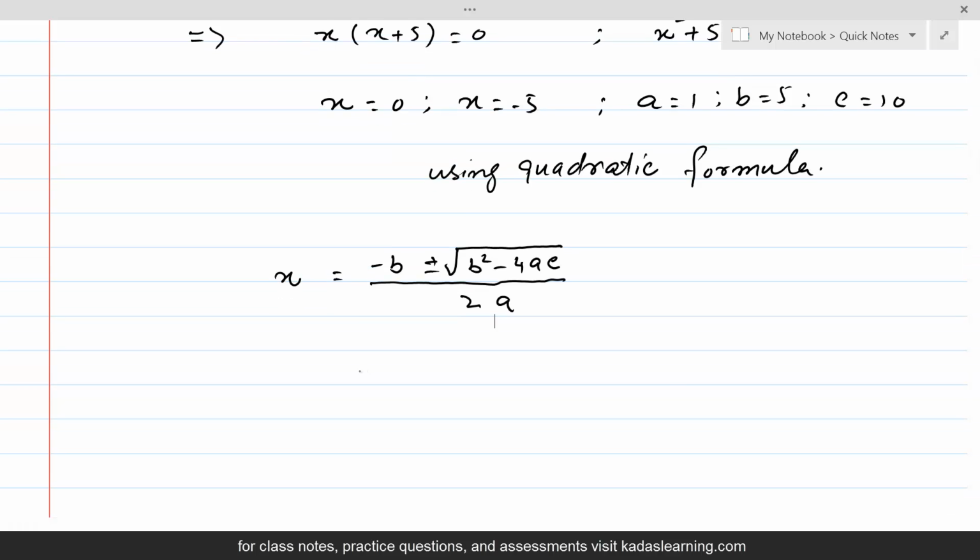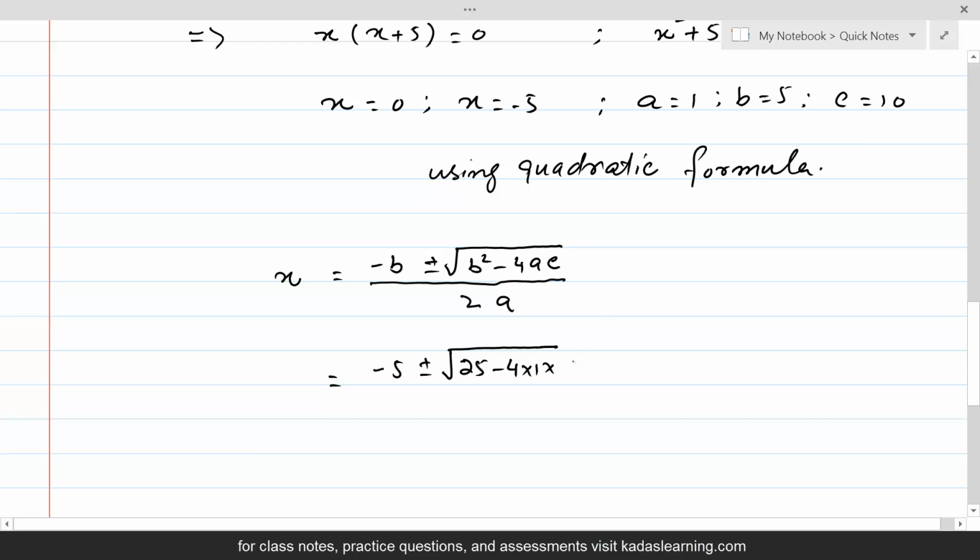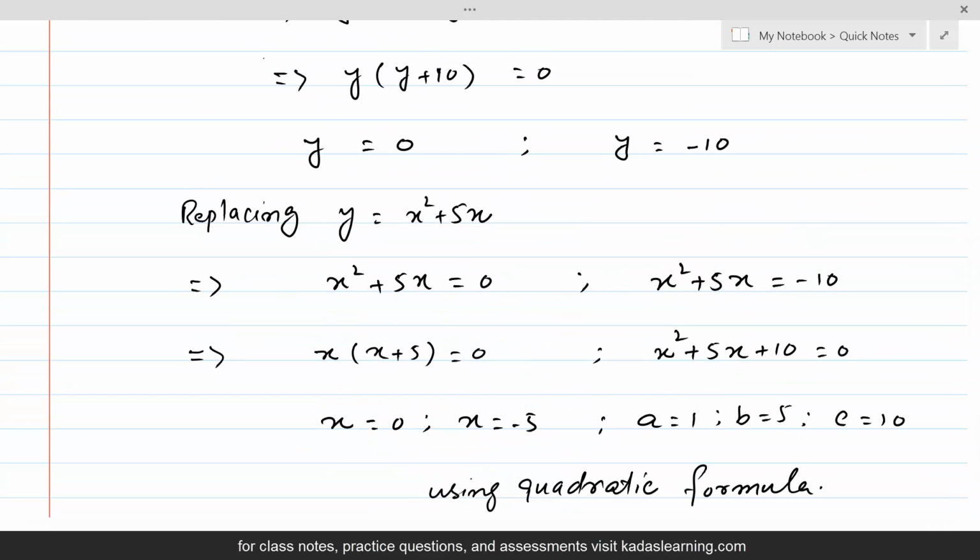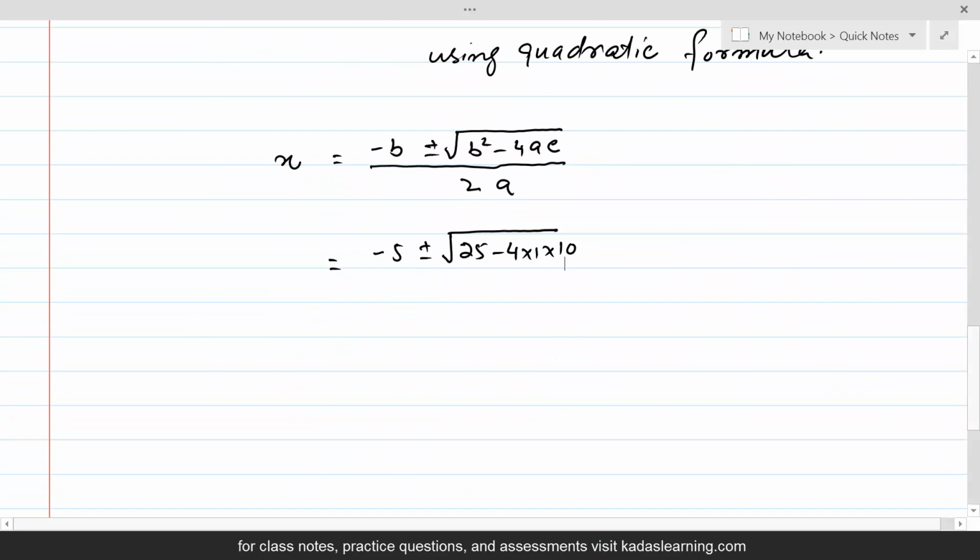That will give us minus 5 plus minus square root of 25 minus 4 times 1 times 10, divided by 2 times 1.